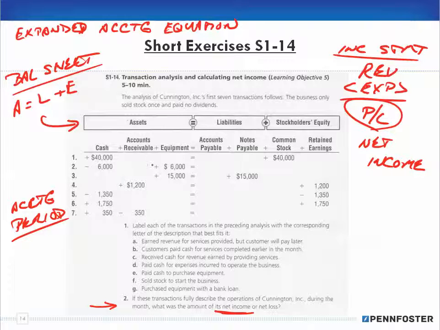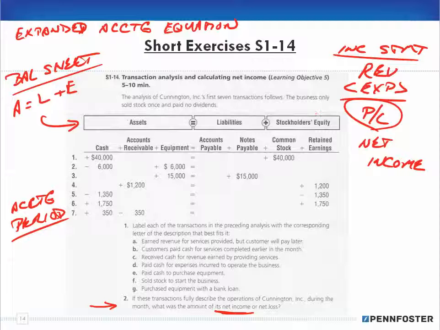And as transactions occur, as long as we're only affecting asset accounts, liability accounts, and equity accounts, our accounting equation stays in balance. But as soon as we use a revenue account or an expense account, that throws our accounting equation out of balance.